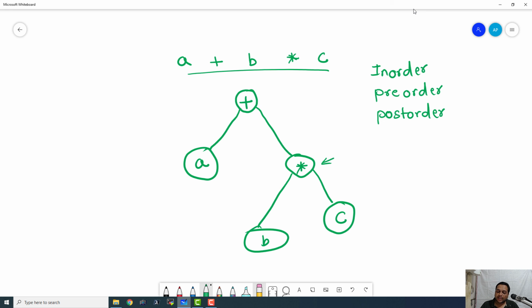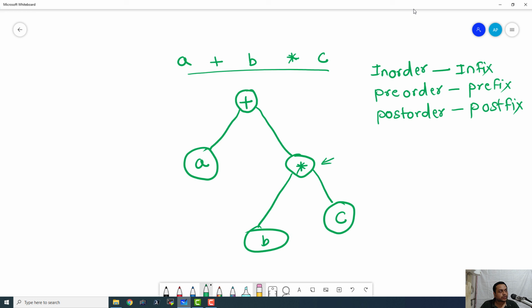In-order traversal of this entire expression tree corresponds to infix. Pre-order corresponds to prefix. And post-order corresponds to postfix. It is as simple as that. But for that, you need to get comfortable with binary or n-ary trees. Mostly we have to be comfortable with binary trees, because almost all the operators are either binary or unary.